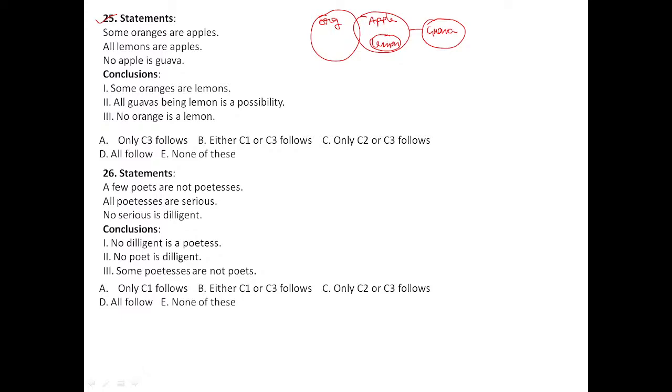We are taking it only in the apple part, but not in any other common section, like the orange part. We may take this lemon part there as well, but that would violate the minimum overlapping condition. While dealing with syllogism questions, keep in mind the minimum overlapping condition: you should not violate any statement given in the question while following it.